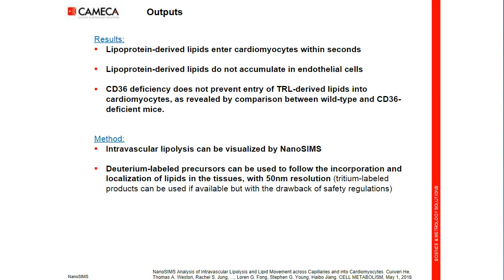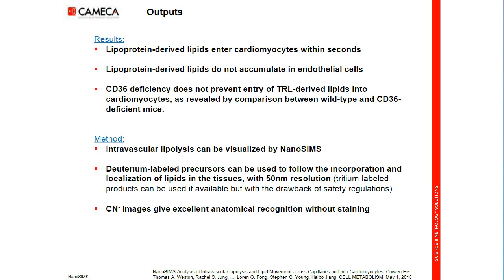Deuterium-labeled precursors can be used to follow the incorporation and localization of lipids with typically 50 nanometer resolution in cesium. A CN- image gives an excellent anatomical recognition without any staining. Sometimes, also for histology, in other cases, we follow sulfur or oxygen or phosphorus and even secondary electron images.